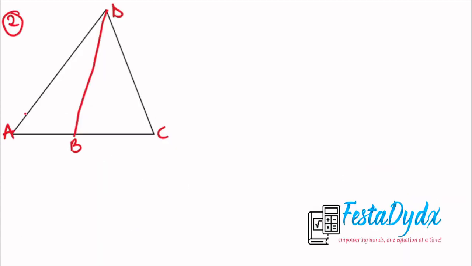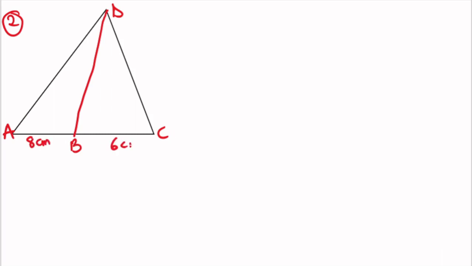Substituting for each parameter from the question, AB is 8 centimeters, BC is 6 centimeters, angle BCD is 48 degrees, and angle BDC is 50 degrees. So these are all the parameters given.